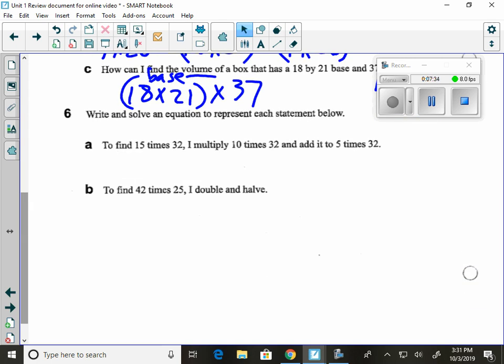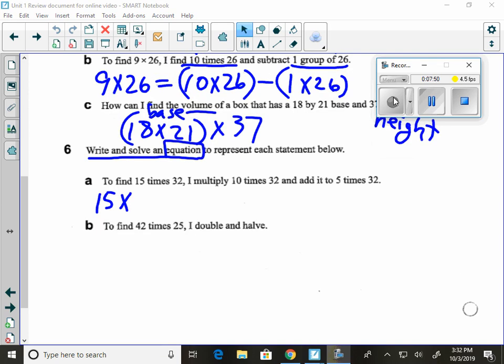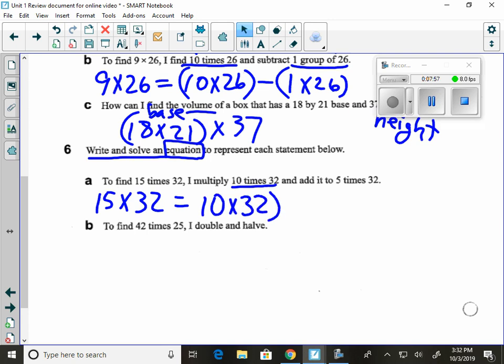Now on number 6, it says write and solve the equation. So this means we're going to have an equal sign because it says equation, following the strategy and actually get an answer. So 15 times 32 is equal to multiplying 10 times 32 and add to it, because it's 15 of them.